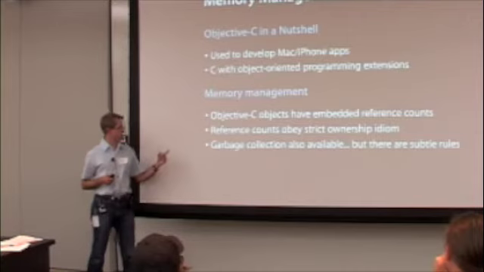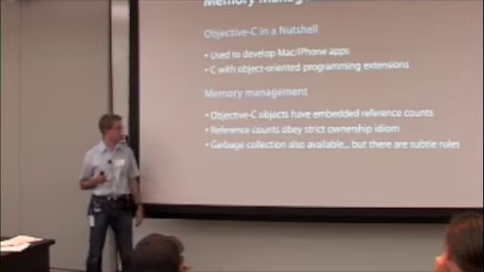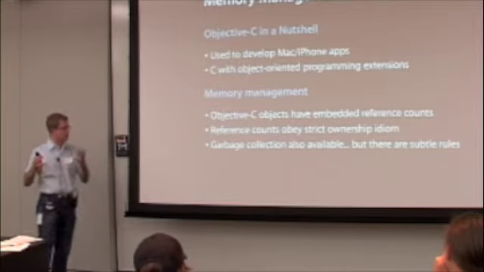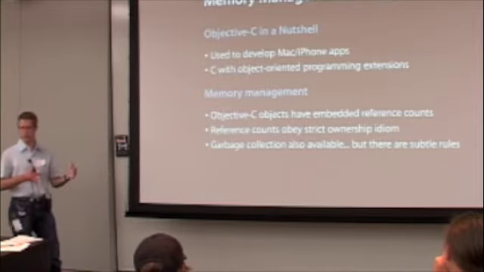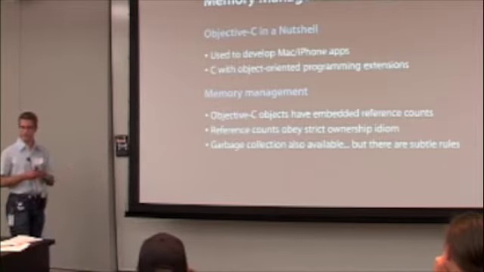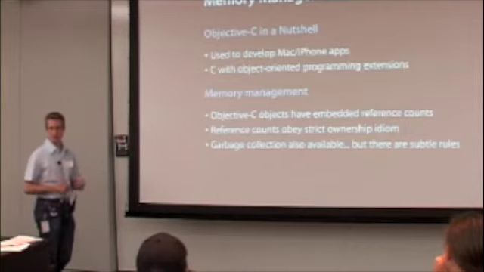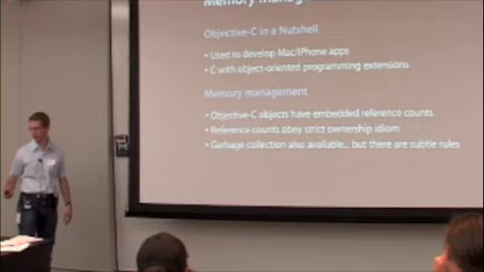You may have also heard that Objective-C supports garbage collection now. But like anything, you're retrofitting this technology into a 20-year-old language. There are many subtle rules you need to obey in order to guarantee that it works, and we can check those as well.